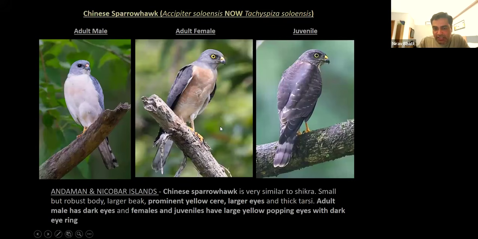Okay. Here the tarsi will look thick, very similar to Shikra. Important pointers once again here are thicker tarsi, uniform pale gray head, but the important thing here is the yellow cere, the yellow cere. The yellow eyes of these two are important.